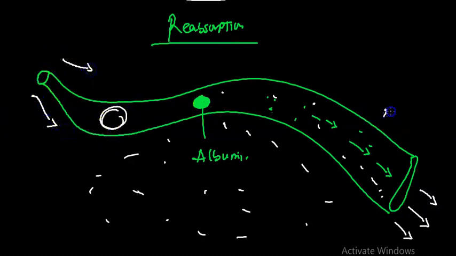If you notice the hydrostatic, which is this, it's moving outward. That is the water molecules and other solid substances moving outward. But at this point, we have the osmotic pressure.